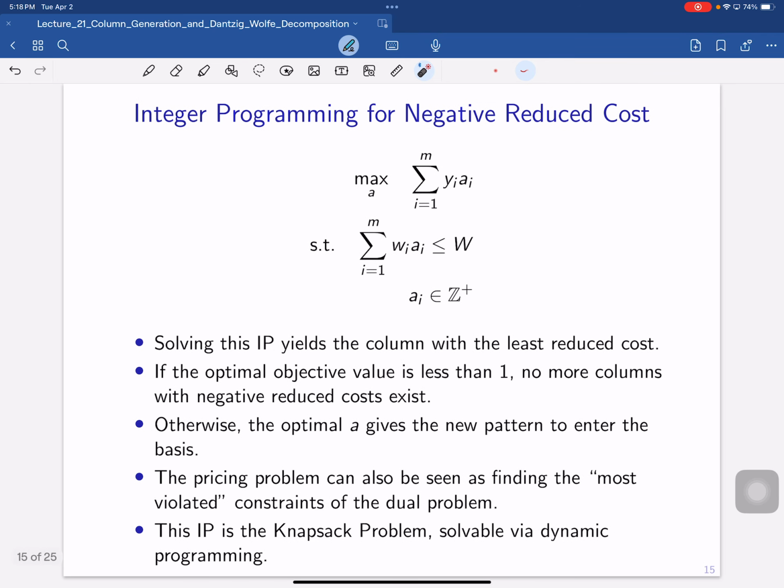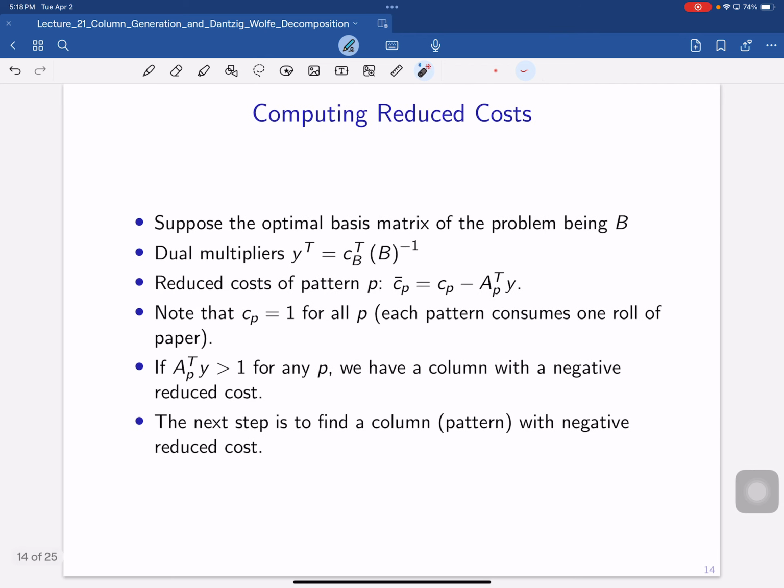Yeah. So this is where the capacity constraint you asked about comes into play. How do you generate a column with potentially negative reduced cost, right? So recall that we are trying to find the column with the most negative reduced cost, right?